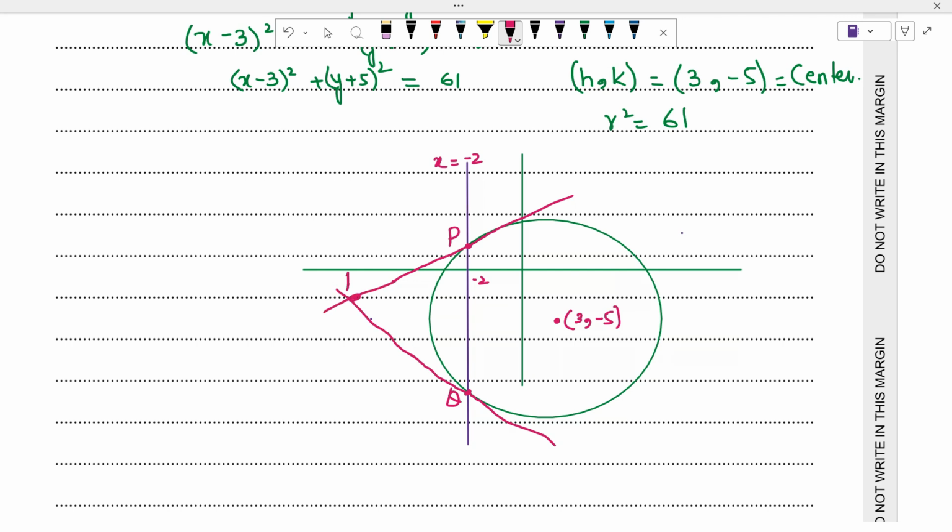We call it R. So this is the triangle PQR, and we need to find the area of PQR.